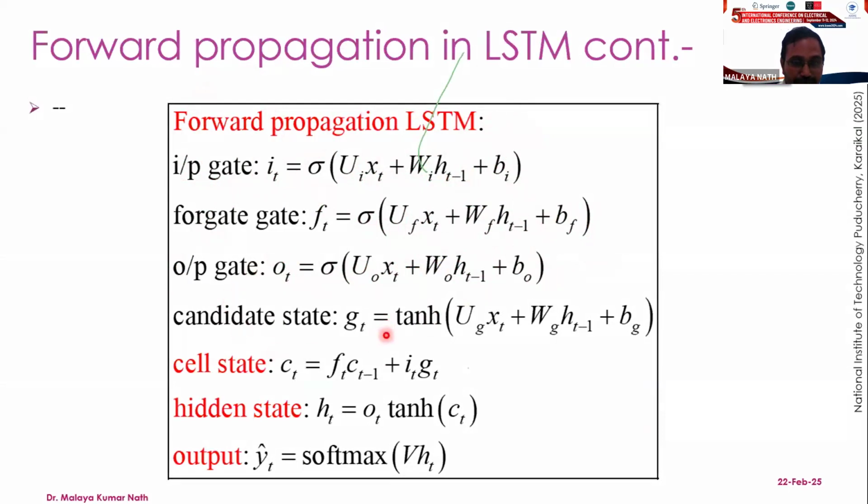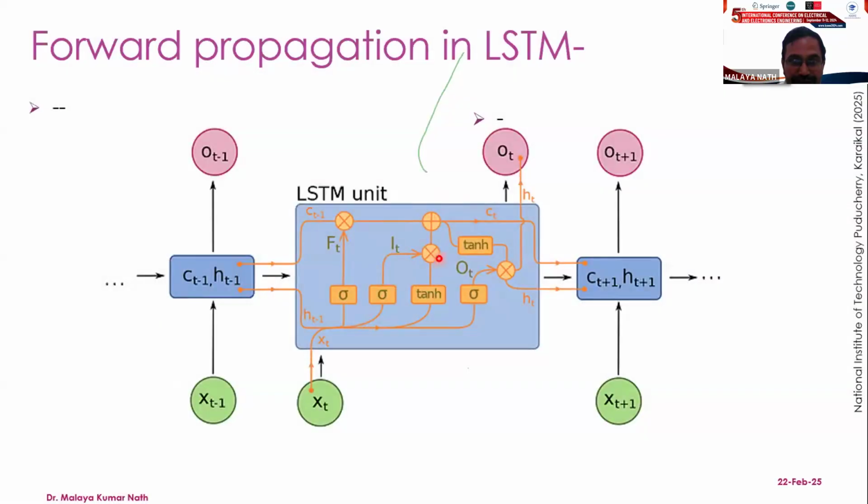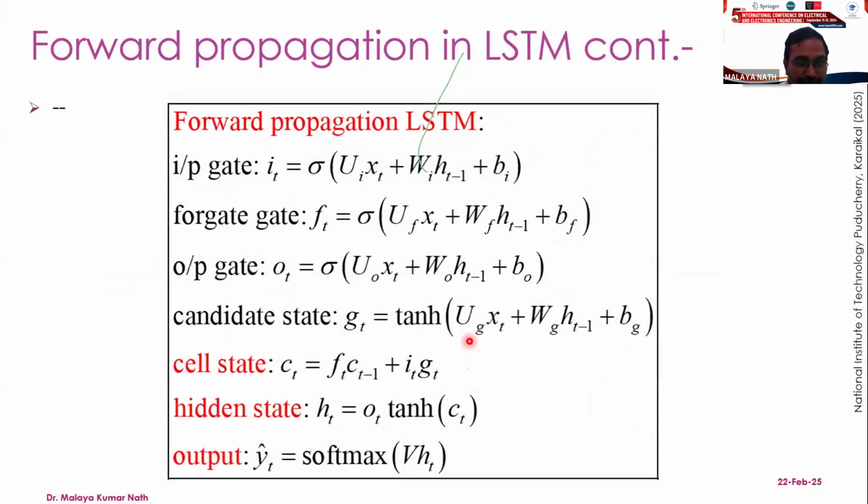And the candidate state, which tells about the GT, as we have discussed here, is coming here. GT gets multiplied with IT, and GT is tanh of UG XT plus WG H of t minus 1 plus BG.